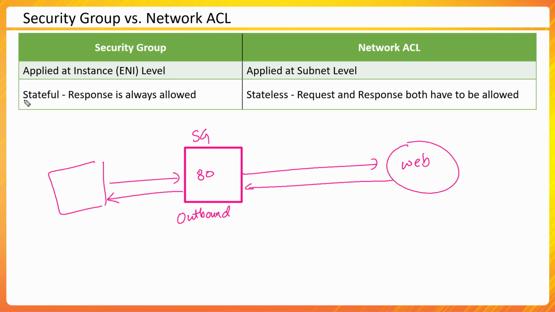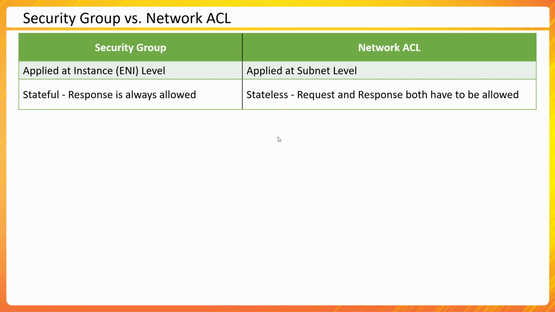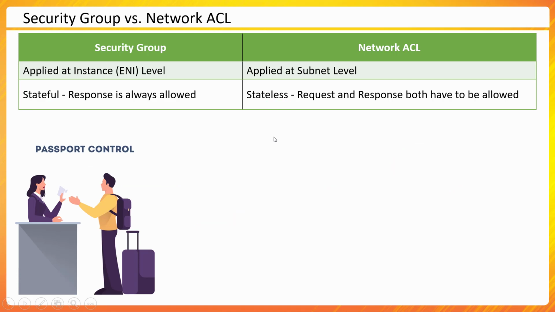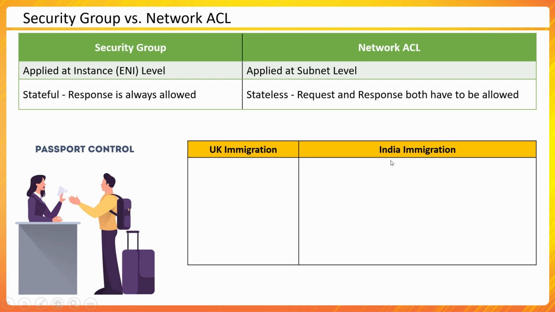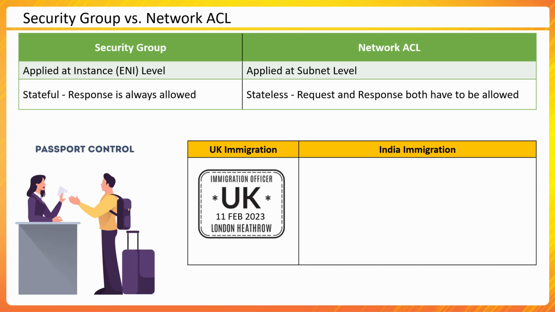So this is a stateful behavior, whereas network ACL is stateless. Let me give an example here to relate these two concepts. Almost everyone has gone through passport control. An immigration process can differ from country to country. Let me give a brief idea here about UK immigration and India immigration. In the UK, you have to go through immigration only when you are arriving, right?